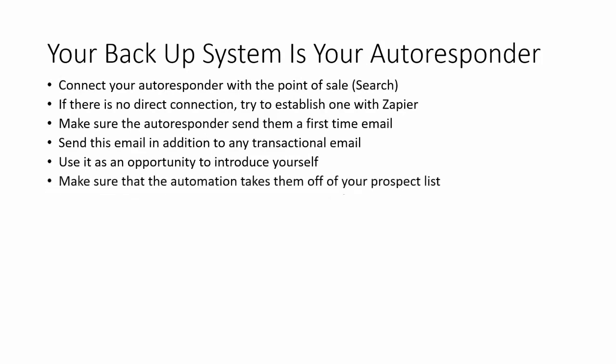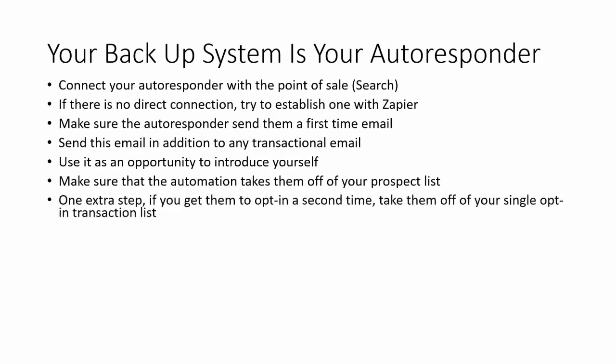Now, one more important thing, which we talked about earlier in the series: when you make this sale, you want to make sure that the list automation takes them off the prospect list. So make sure that happens.